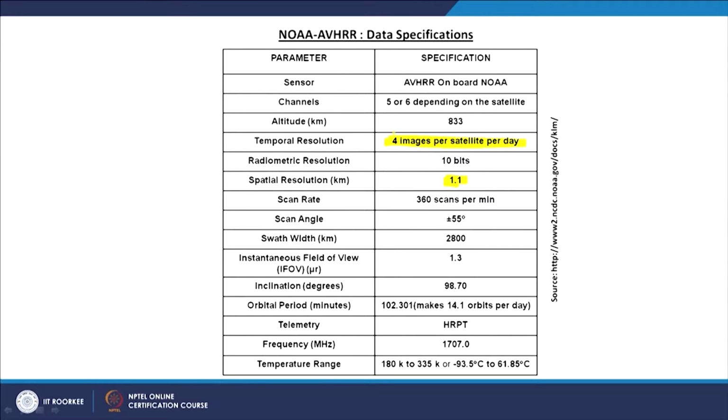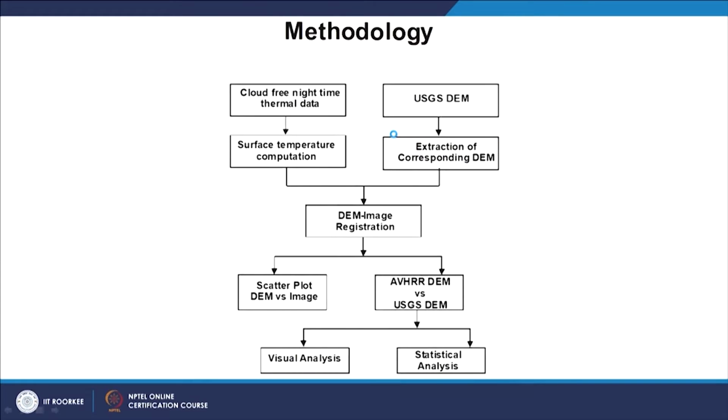The same area can be visited at least once in a day, in the daytime and another at night time. Why is night time possible? Because it has the thermal channel, and these thermal channels can be exploited to generate a digital elevation model, which is what we are going to see.